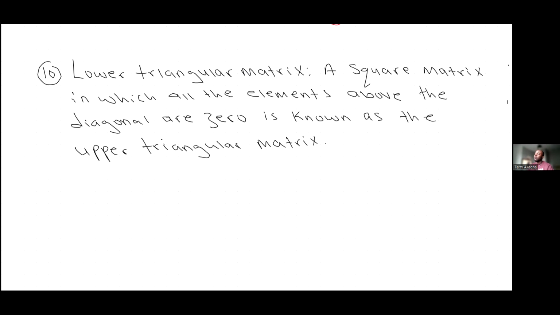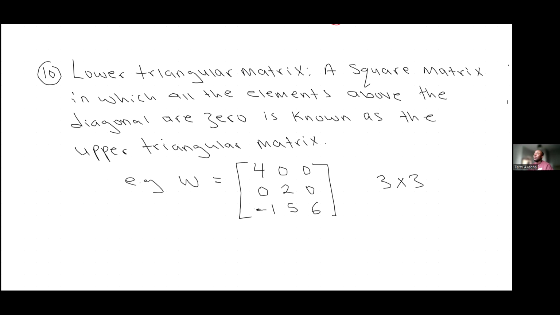Okay, so for example, let's say we have W. We have this matrix here: 4, 0, 0, then 0, 2, 0, then minus 1, 5, and 6. This is a 3 by 3 matrix, that's the order of this matrix.